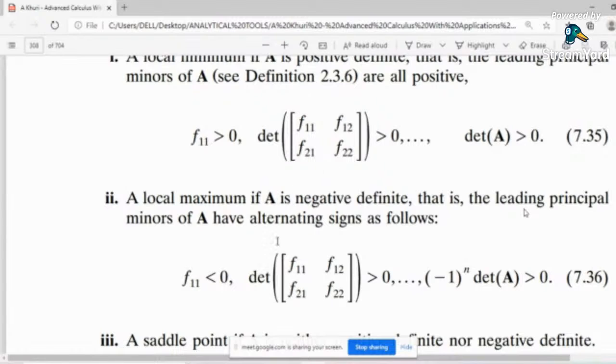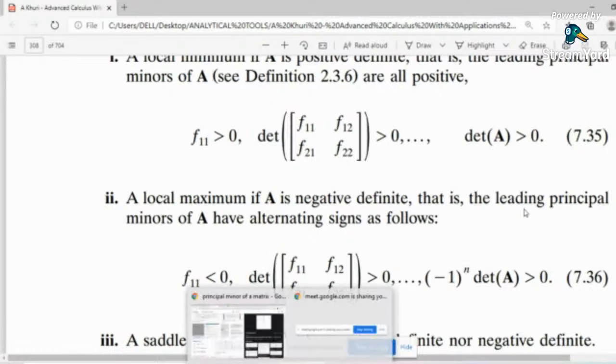You have to read this matrix theory from some other books.